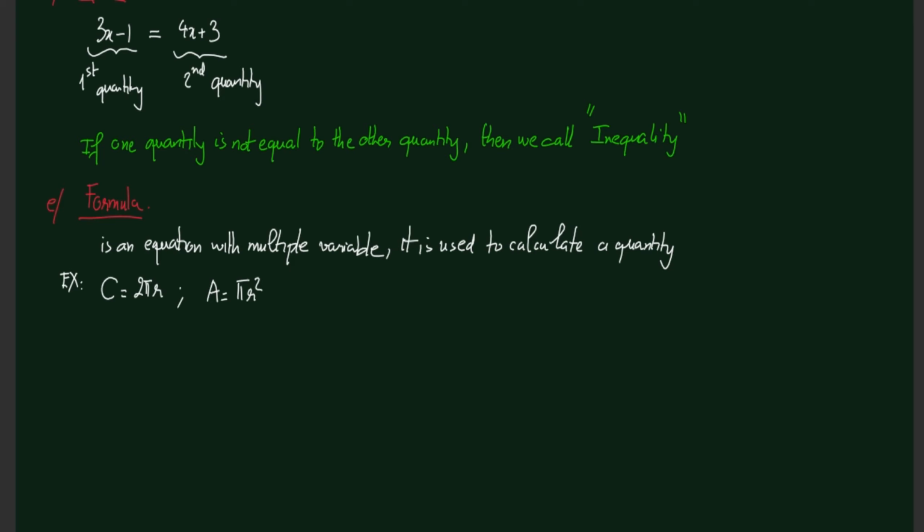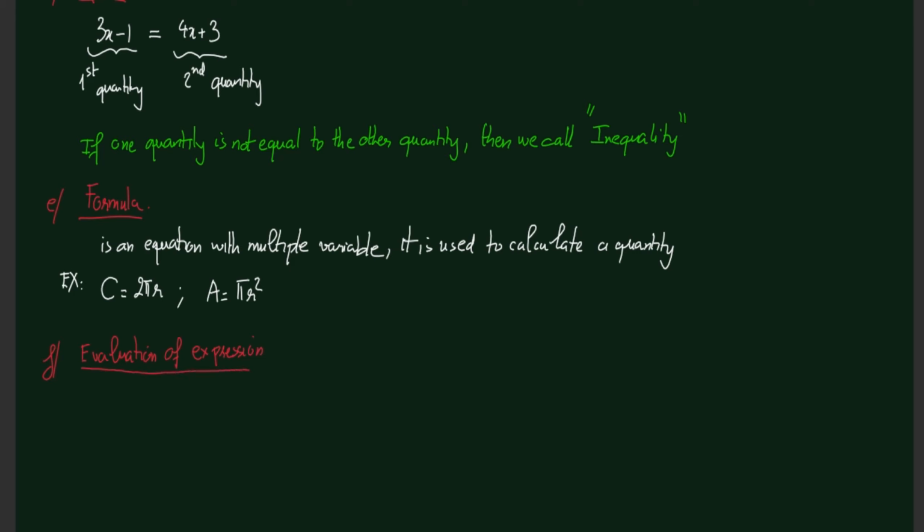So let's do that. In part F over here, it is not a terminology, but I just included it here. Part F, evaluation of expression. It means what? When you evaluate, what does it mean?